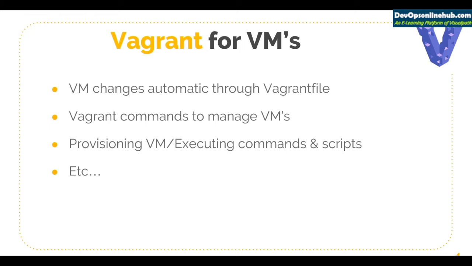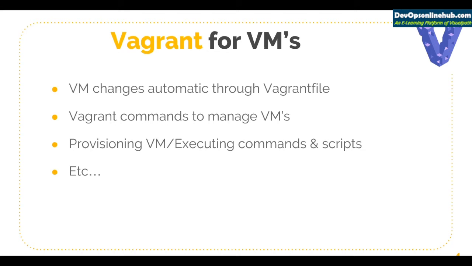Now let me address one question which has been asked of me several times. The question is, do we use Vagrant in real time? First of all, the question is not framed properly. When you say real time, that could mean production. So Vagrant is used with type 2 hypervisors.